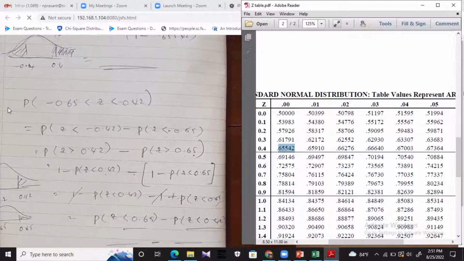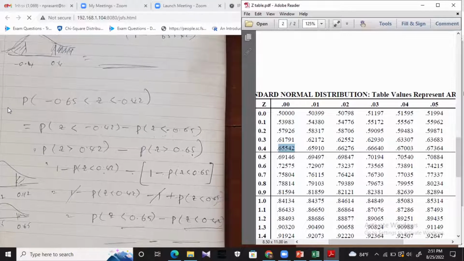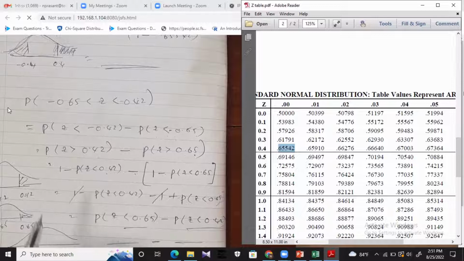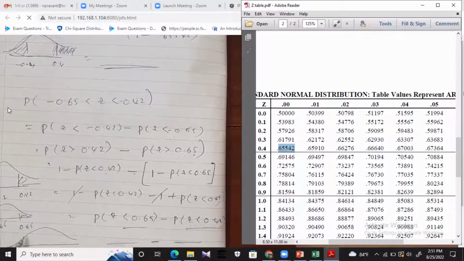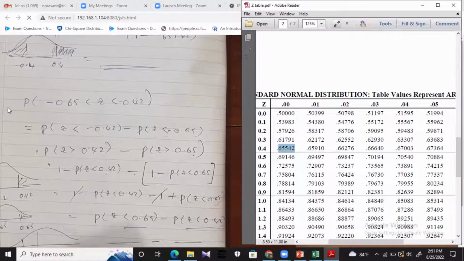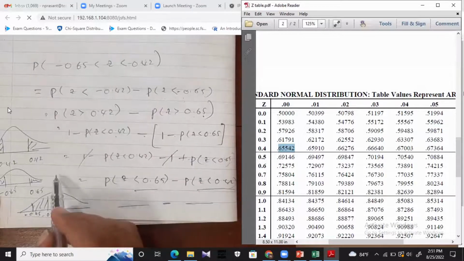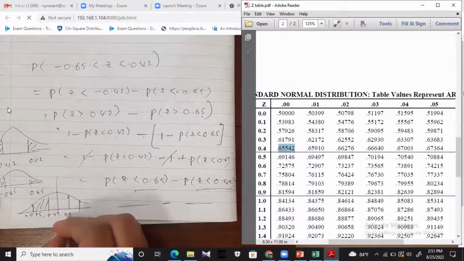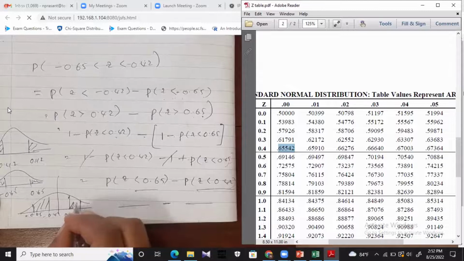If you want, you can draw the diagram or the distribution like this. We need to find the probability is it greater than 0.42 and less than 0.65, no? This probability, no. This is symmetric as 0.42 to 0.65, this region.